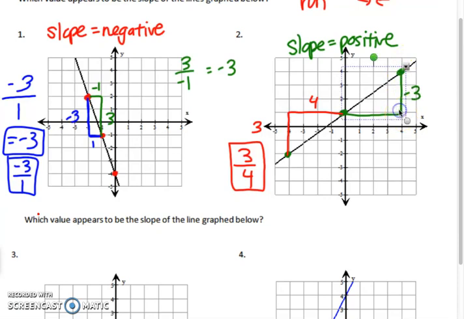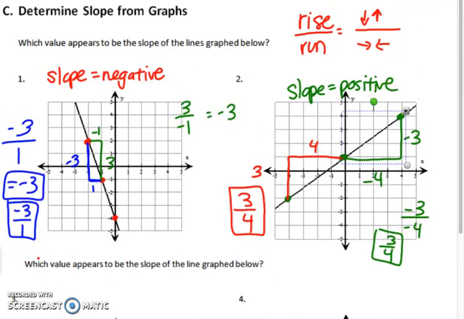And then you would go right 1, 2, 3, 4. Or left, sorry. And if you go left, that's negative. So same thing, you'd have rise, which was negative 3 over negative 4. And we know that 2 negatives make a positive, and that's why the answer is 3 over 4. So no matter which way you make your slope triangle, you will still get the same answer.